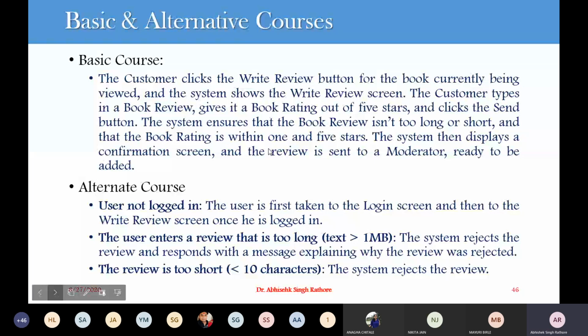So what are the different conditions when things go wrong? First is the user is not logged in to the system. So the user is asked to log in to the system. A login screen will be displayed to the user, and he can write his review after logging in to the system. Another worst case is that the user enters a review that is too long.